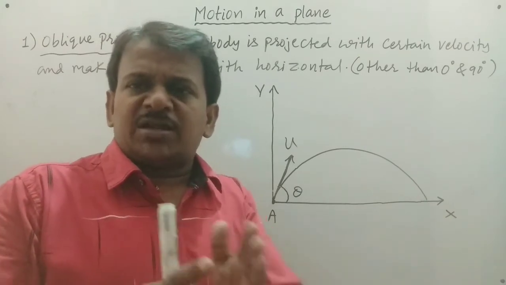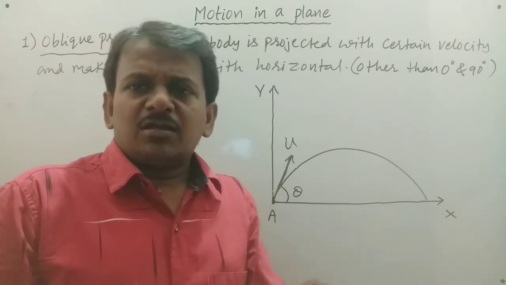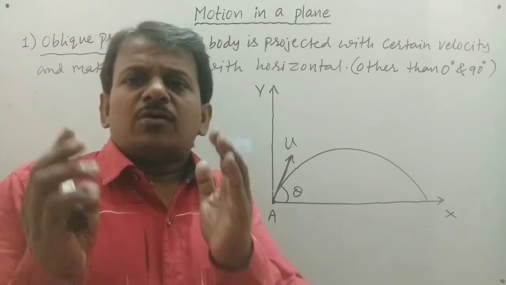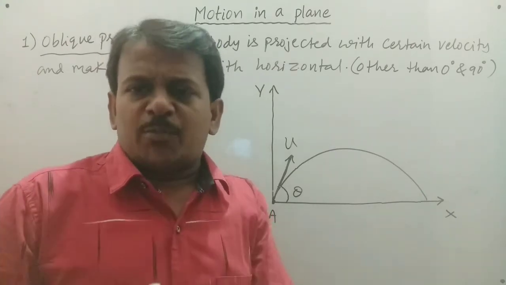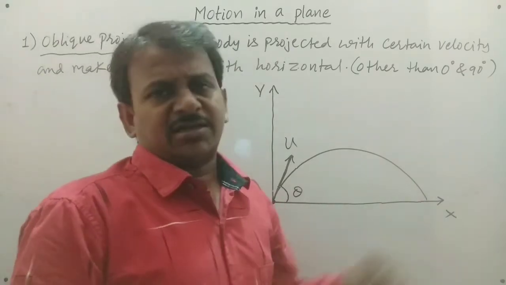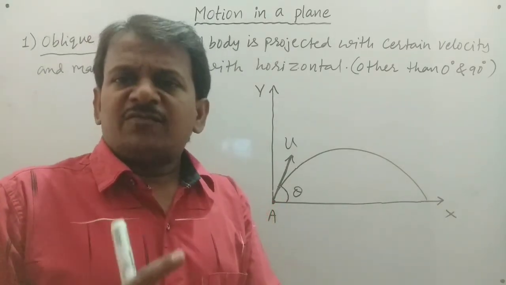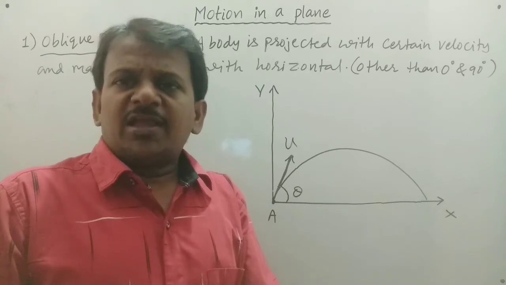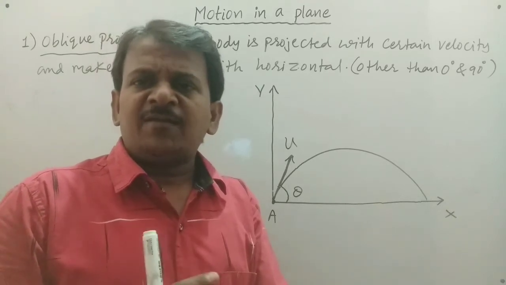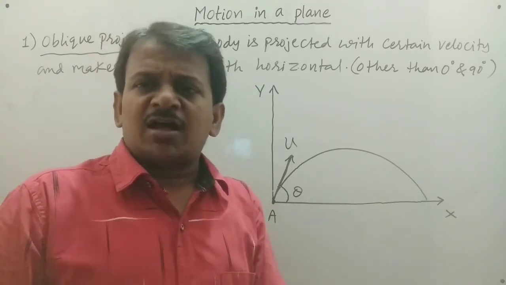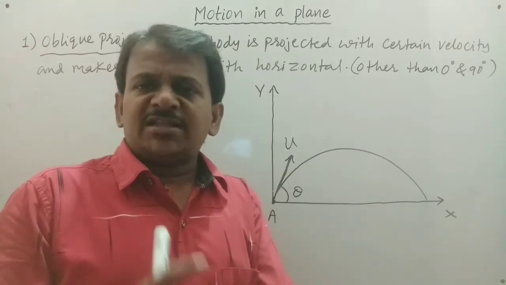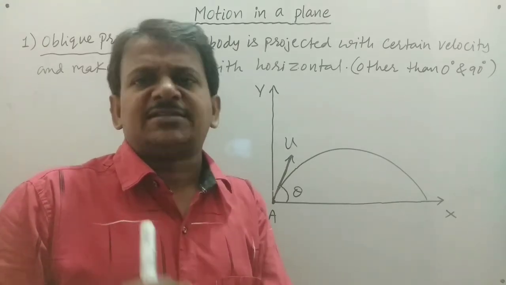Velocity, displacement, acceleration have x and y components. Along the x direction: sx, vx, ax. Along the y direction: sy, vy, ay. These are the components of displacement, velocities and acceleration.